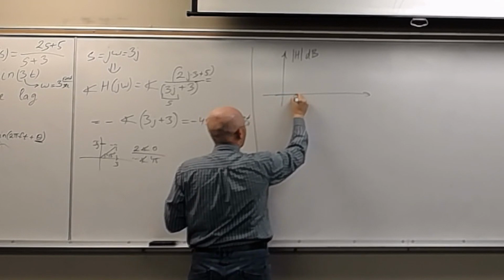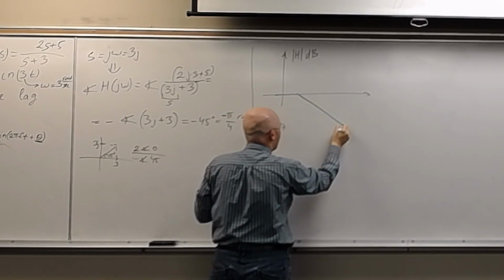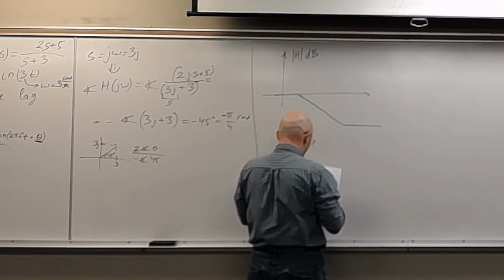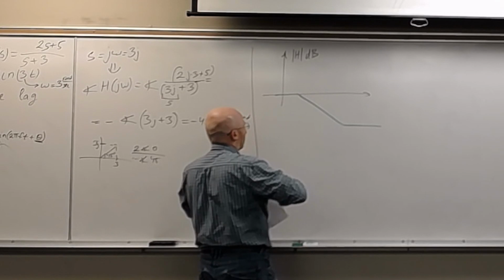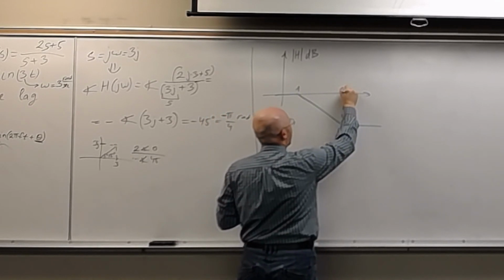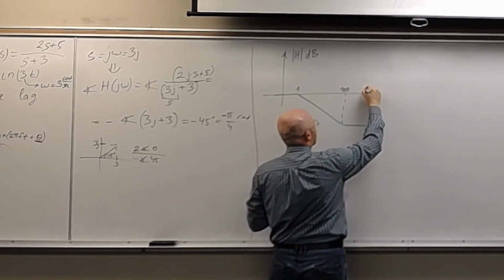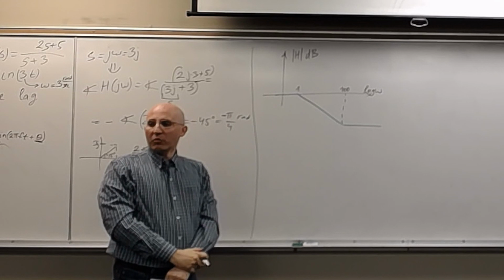We'll go from here, and we'll go down here. Then we'll continue there. And the breaking points are, let's say, 1 and 100, and this is log omega. So this is an asymptotic Bode diagram.